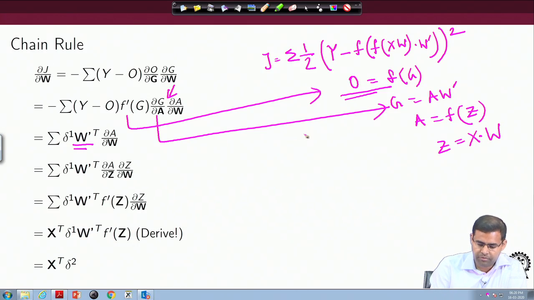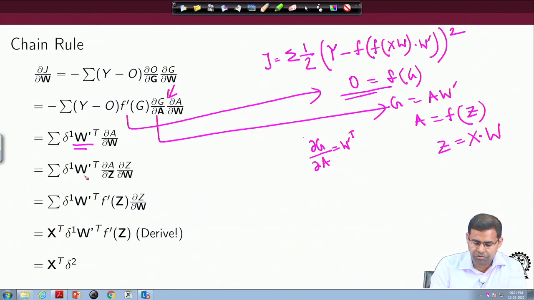So, we have the derivative here, since G is A W prime. So, del G del A is going to give me W prime transpose using standard linear algebra rules.